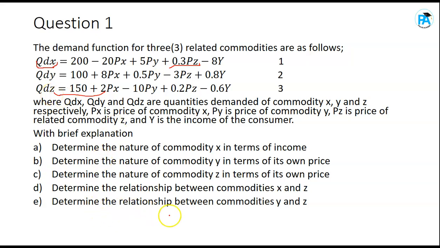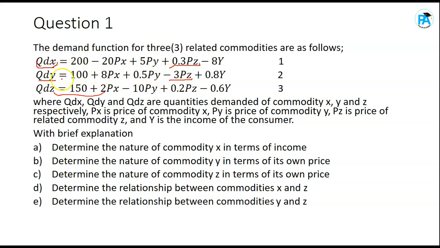Question E says, determine the relationship between commodities Y and Z. To do this, you look at commodity Y, the quantity demand of commodity Y. Then you look at the price of Z. What relationship is between them?